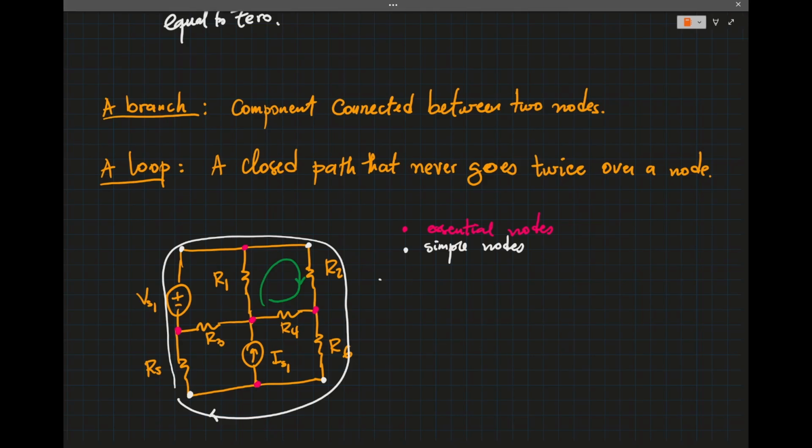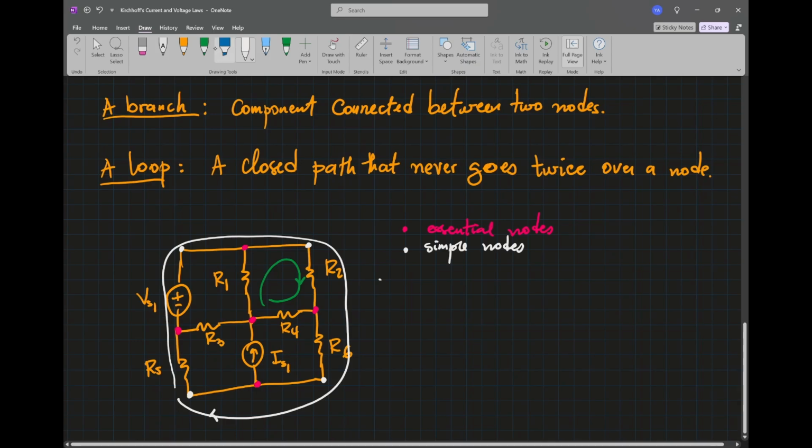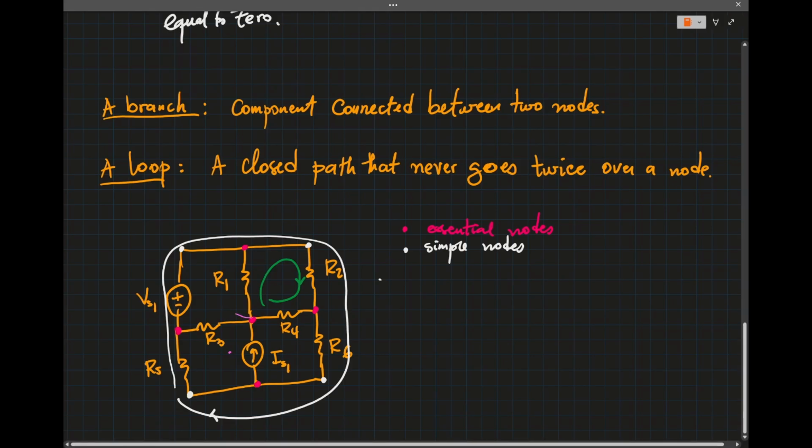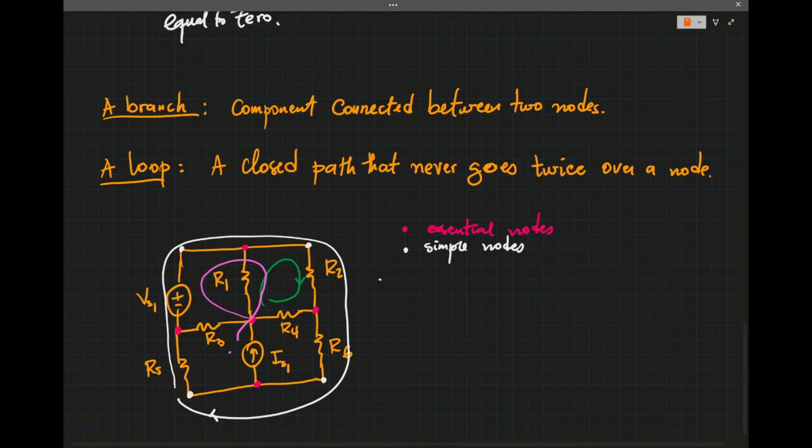Let me give you an example that is not a loop. Let's say that I take this path, and I go and I come back, and that is not a loop.